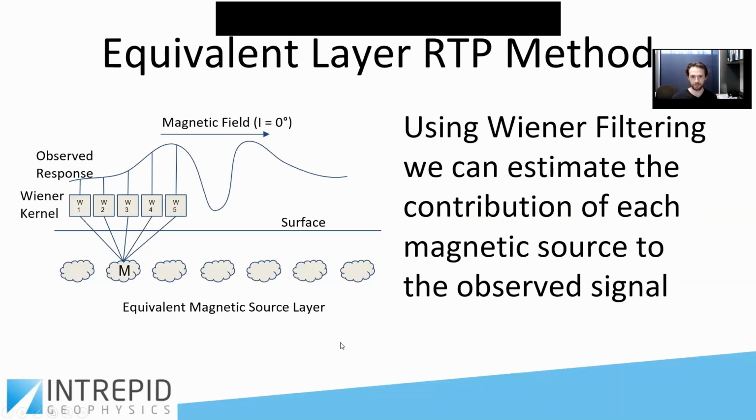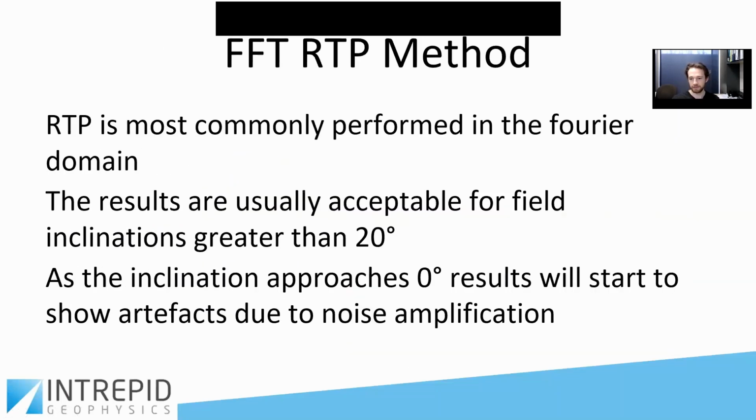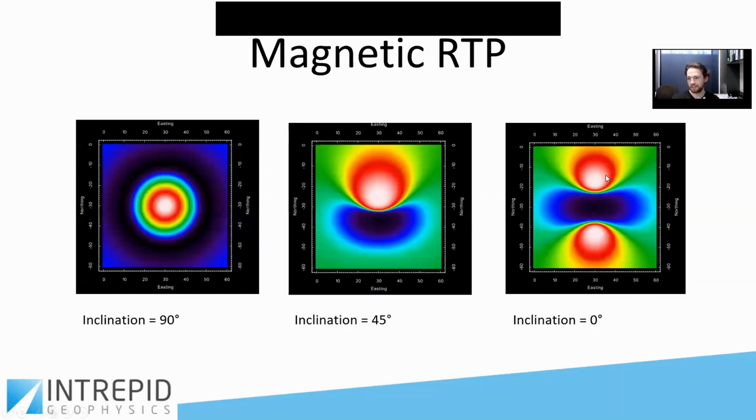The Wiener filter is effectively modeled off a single plate that has had the response calculated for it at an inclination of 0 degrees. If we go back to here, we'd be creating this snapshot and trying to create a Wiener kernel that will fit this response to a source.